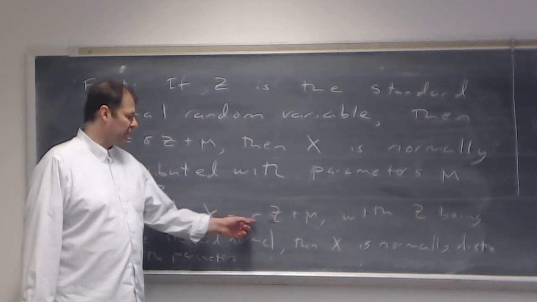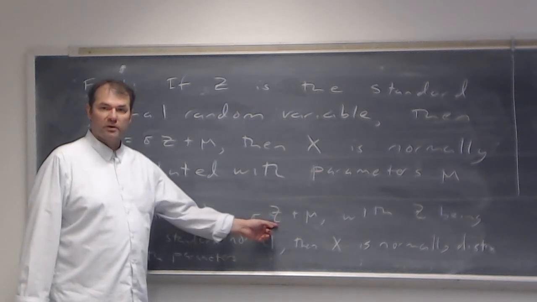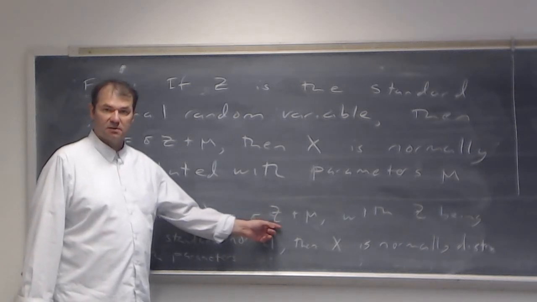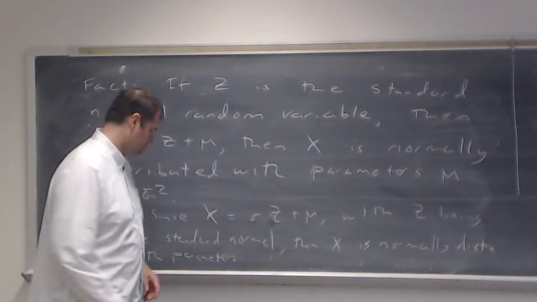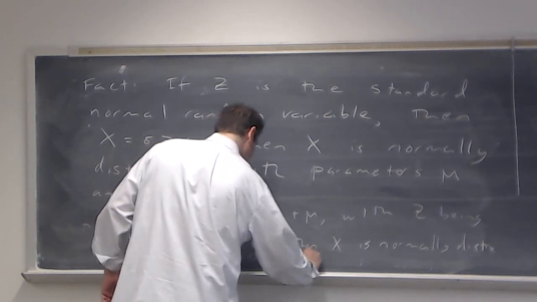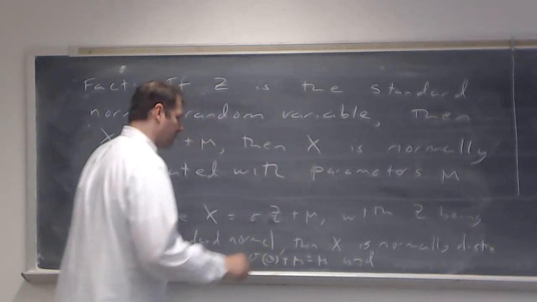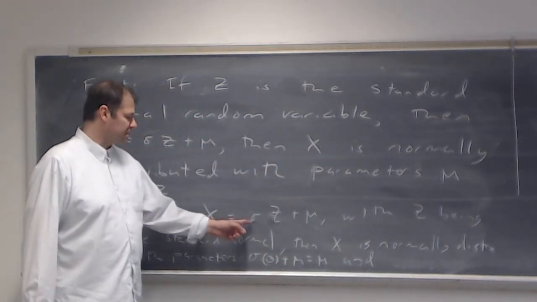Okay? So here, A is sigma, the mu for Z, okay, with this being standard normal, the mu for Z is 0, so it's sigma times 0 plus mu, which equals mu. And what was the other one?